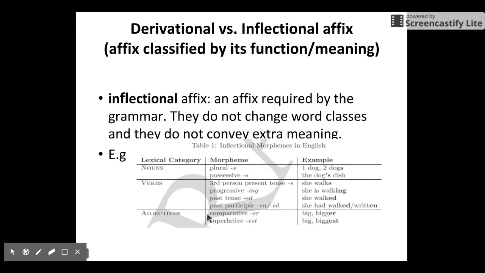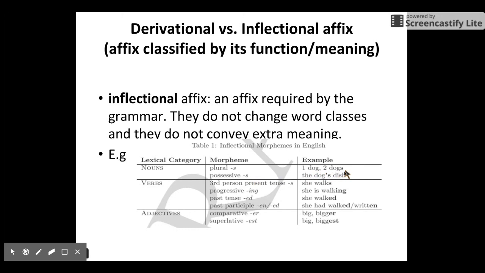On the other hand, we have inflectional affix as well. Inflectional affix is required by the grammar. They do not change the part of speech of a stem, and they do not add new meaning as well. So we have some English examples like the plural s, possessive s, right?